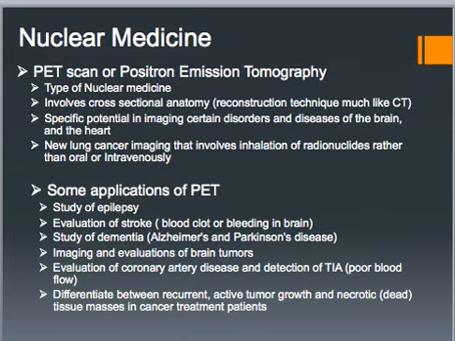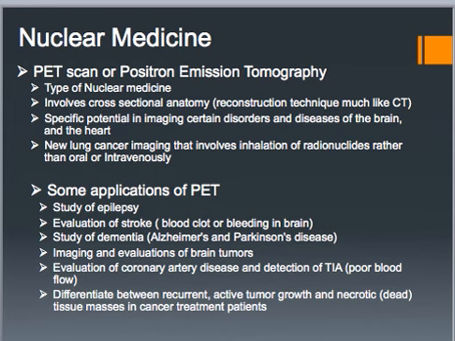Alright, so PET scan stands for positron emission tomography. Most people assume PET is a type of X-ray or CT, but it is still a type of nuclear medicine. PET scan uses cross-sectional anatomy, very similar to CT scans, but PET scans have a very specific potential in imaging.